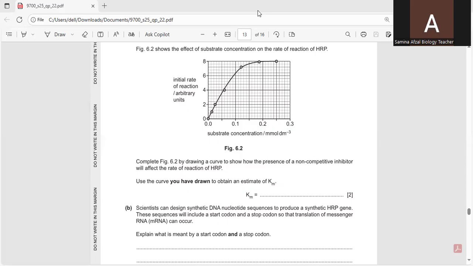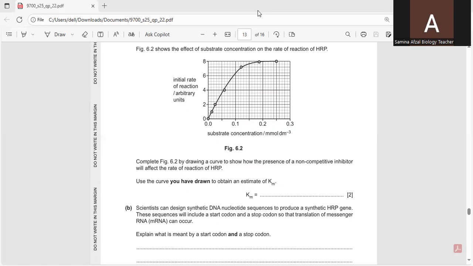The Michaelis-Menten constant is unchanged because the inhibitor does not affect the enzyme's affinity for the substrate, so the substrate can still bind to the active site. The Km value remains the same. So the curve will be changed a little bit.